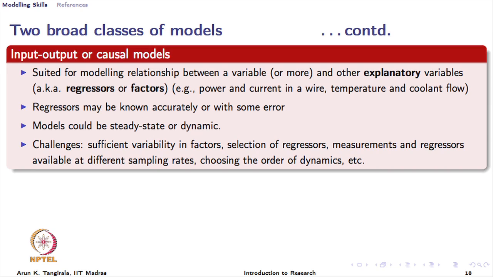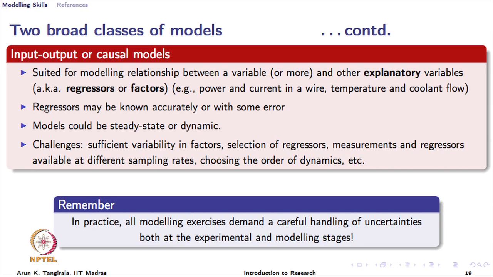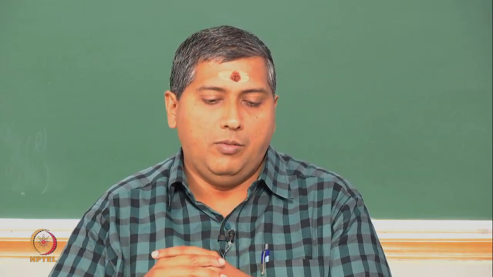Now, in practice, all modeling exercises involve a mix of both input output and time series modeling, because even in an input output modeling exercise, we may not be able to explain all the variations in the variable of interest.